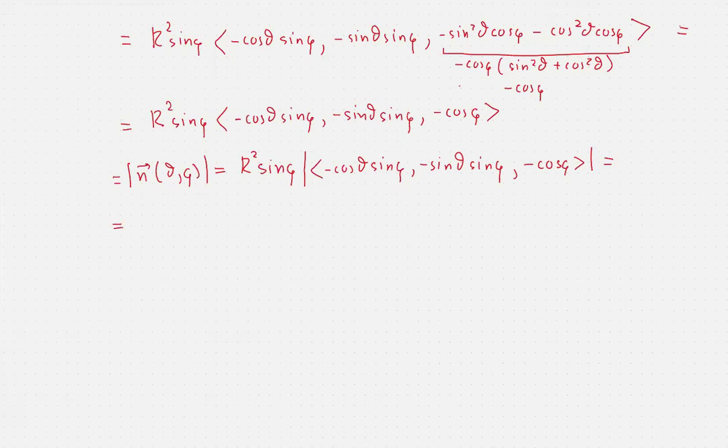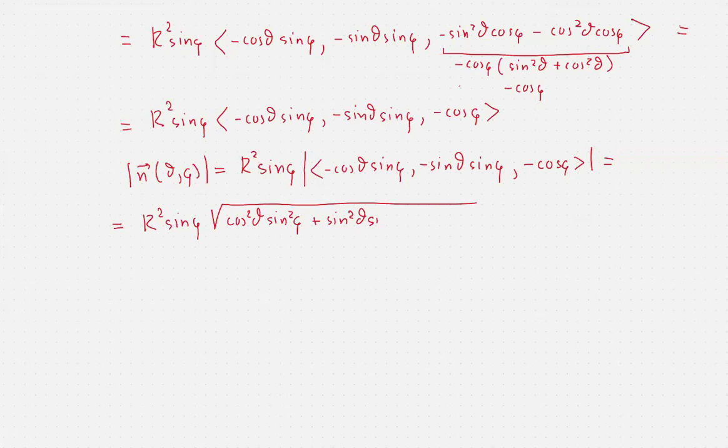So this is going to be r squared sine phi times the square root of cosine square of theta sine square of phi plus sine square of theta sine square of phi plus cosine square of phi. All the negative signs disappear.